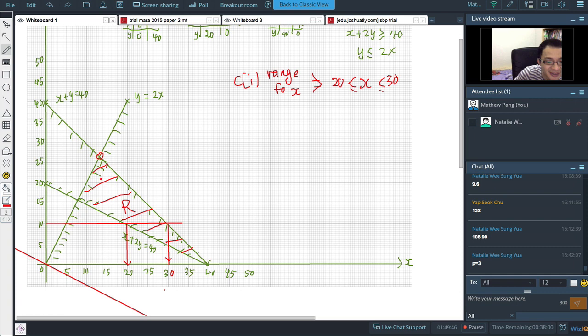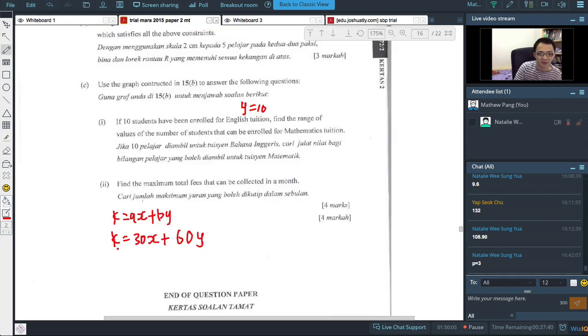I can't really see it very clearly, but I can assume it is 13 and 27, maybe. Yeah, if you have the graph paper, maybe you can see it nicely. Then I substitute this value into the objective function. So x is 13, and y is 27.